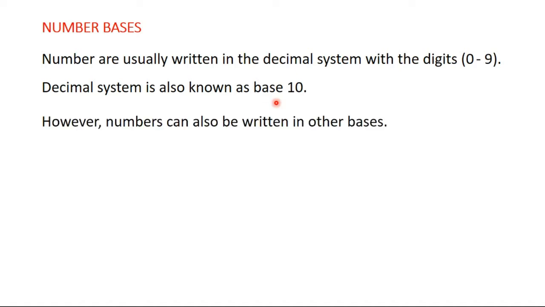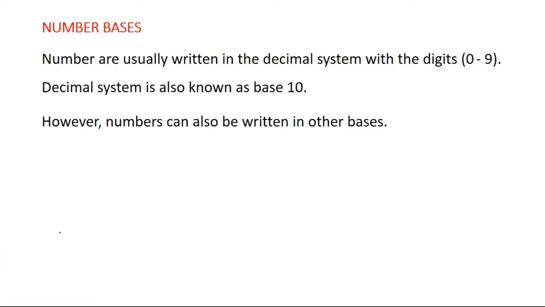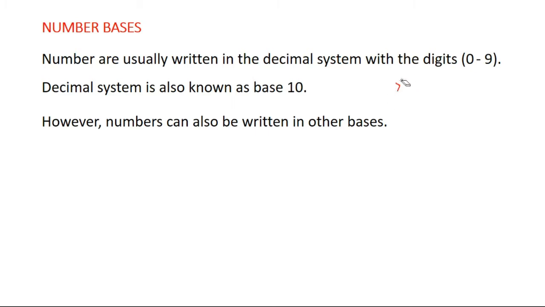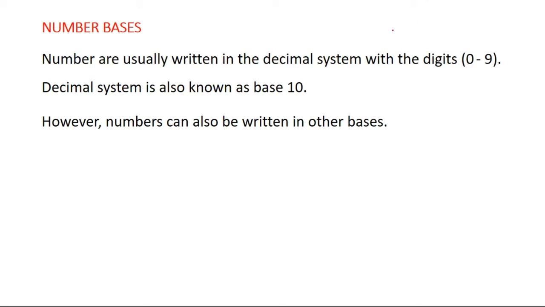Now what you have to know is that there are other bases too. We can write these numbers in other bases. For example, let's pick a random number, say 37.